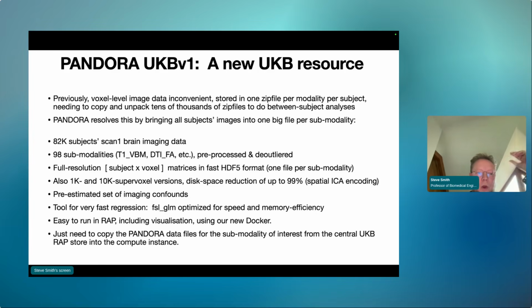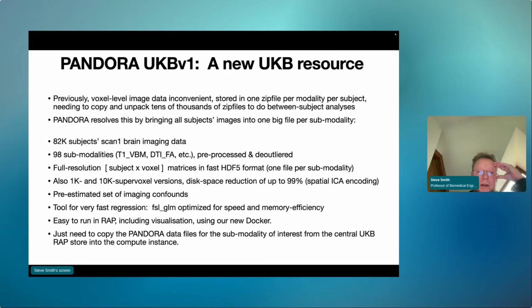With Pandora, we also provide a pre-estimated set of about 200 imaging confounds that very easily allow you to include those confounds in your cross-subject regressions or correlations. So when you want to correlate one of these big matrices against, say, genetics or blood pressure, you can put these imaging confounds too into your regression design matrix.